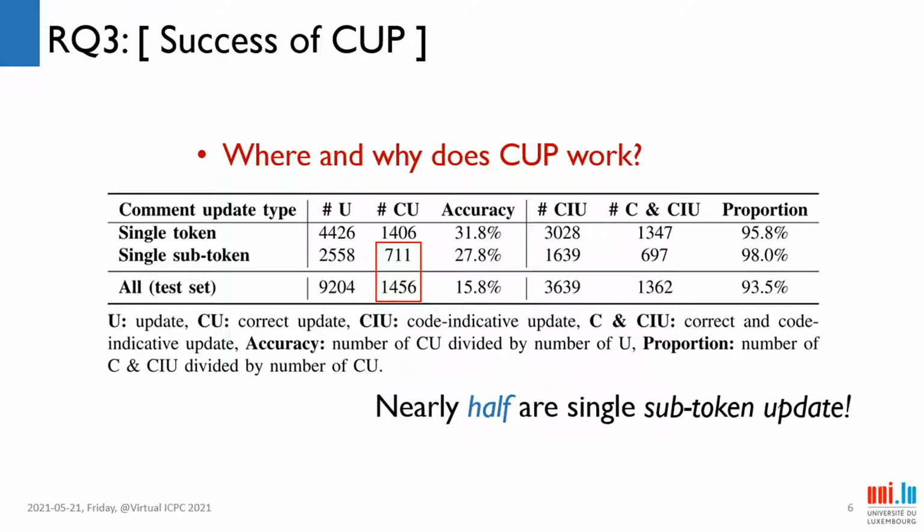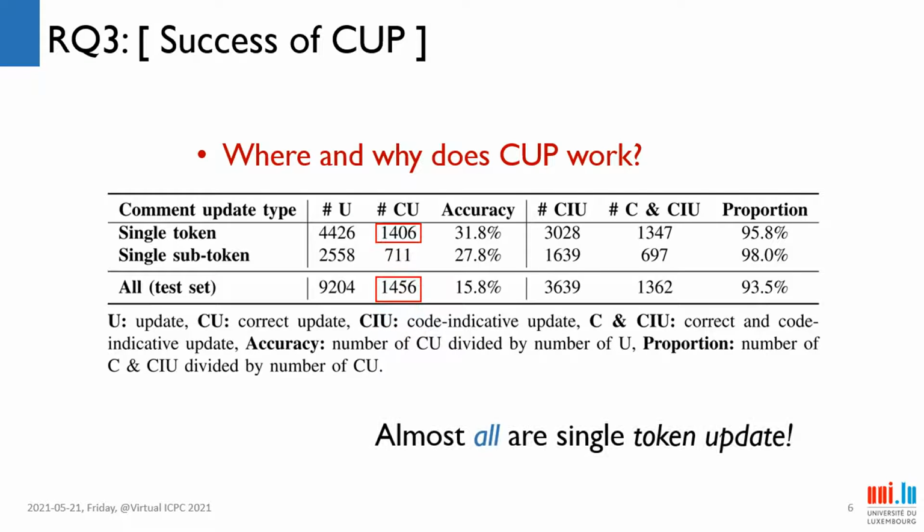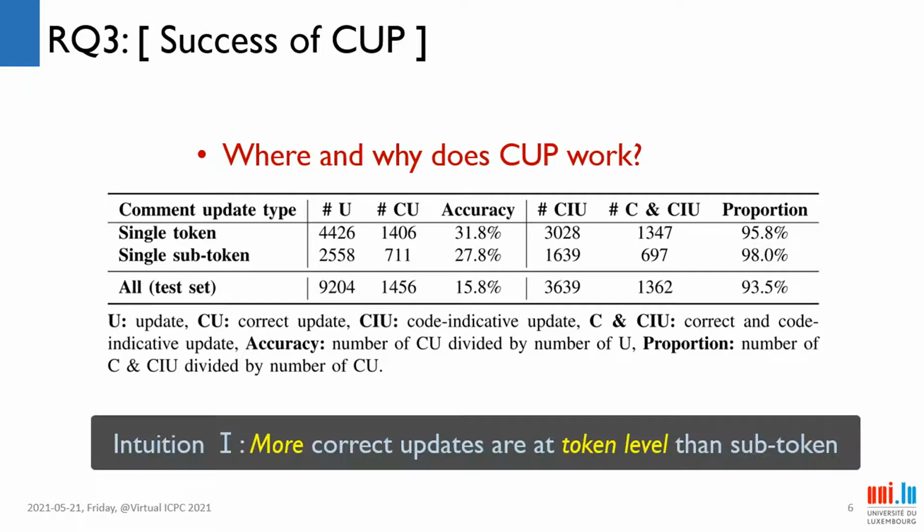Furthermore, if we focus on correct updated items, nearly half of the updates are single subtoken updates, and a huge amount of correct comment updates are generated for single token updates. This is where we get the first intuition for our tool.